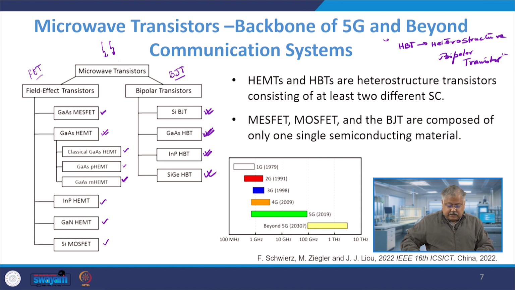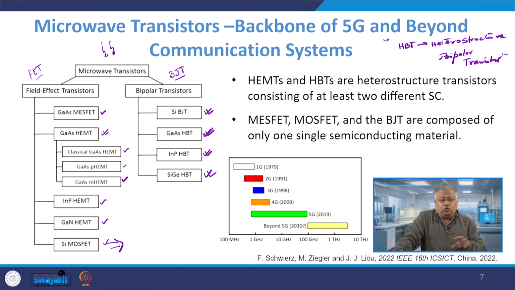The silicon MOSFET to a larger extent is the workhorse for all your current digital and analog technologies, whereas indium phosphide and gallium nitride HEMTs are primarily meant for high performance microwave region devices. So typically the microwave transistor is divided into a bipolar technology based transistor and a FET based technology transistor.